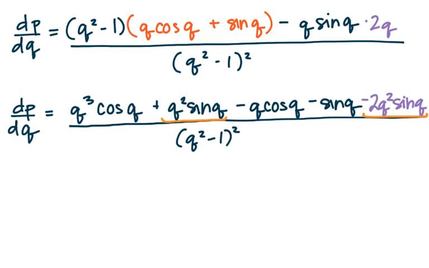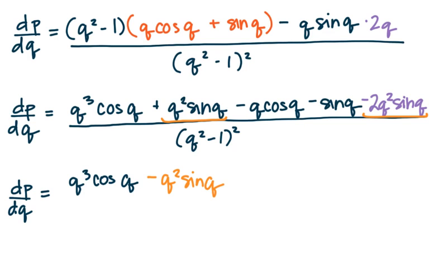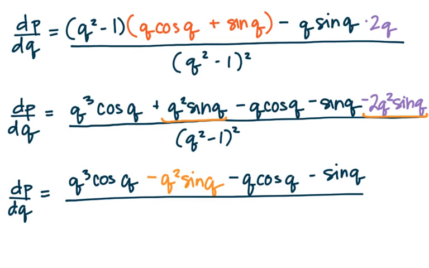Nothing else is going to simplify here, so I will leave this as dP dQ equals Q cubed cosine Q plus 1 minus 2, that would give me minus Q squared sine Q, minus Q cosine Q minus the sine of Q, all divided by Q squared minus 1 quantity squared.